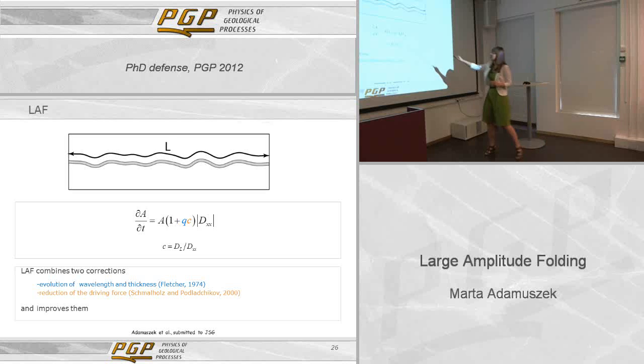Fletcher, in his model, didn't have a C factor, whereas Schmalholz and Podladchikov assume the C to be constant. In LAF, we also improve these corrections; we derived the exact formula for the correction factor.